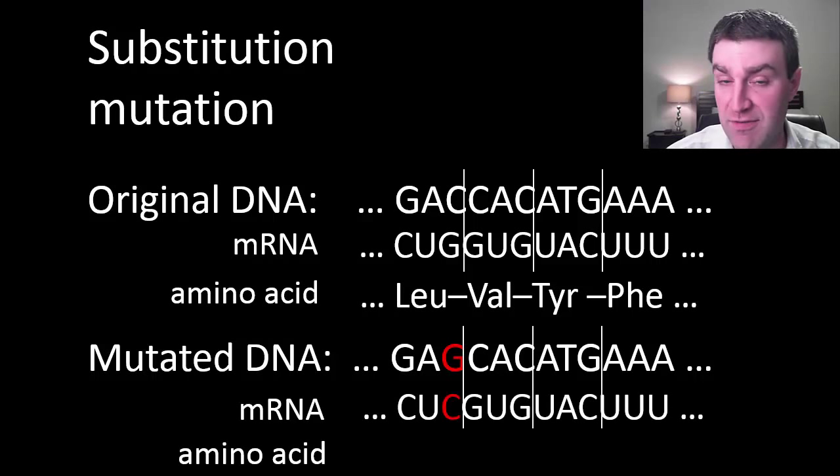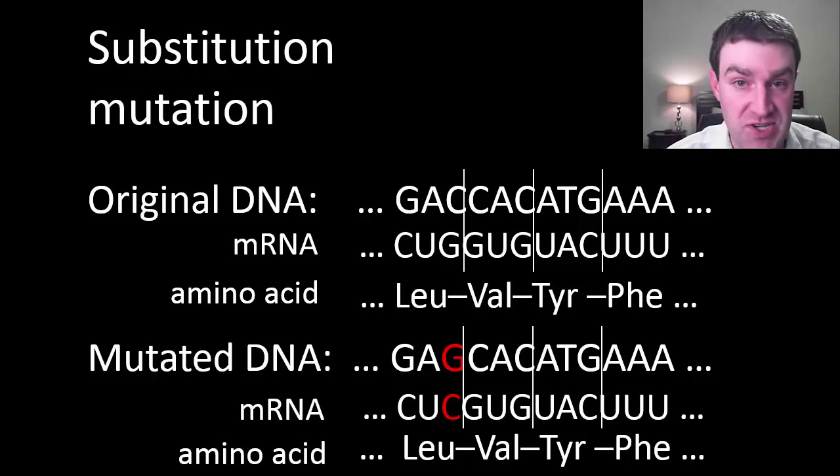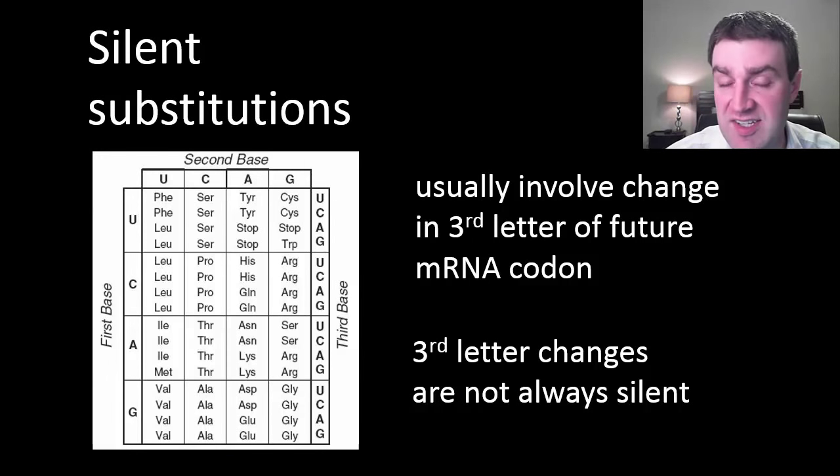And if I split into my groups of 3 again, I would find that CUC, just like CUG before, still codes for leucine. And so I actually have a change in my DNA code, but we call this a silent substitution because the amino acid that made up the protein didn't actually change. We're using the metaphor of silence here to indicate that a mutation still happened, the DNA code changed, but it was silent in its effect.